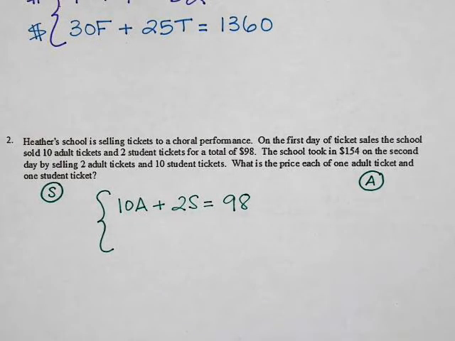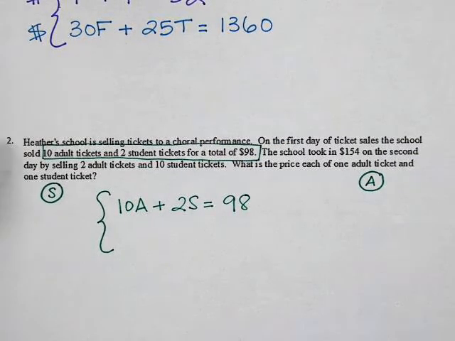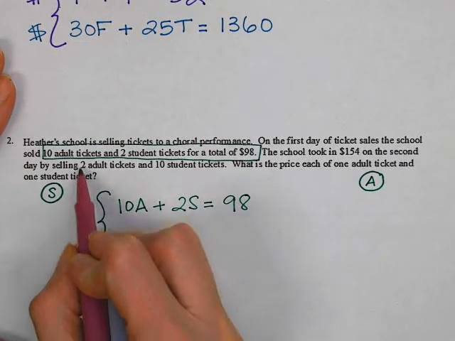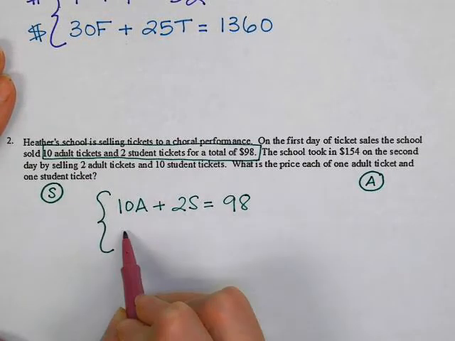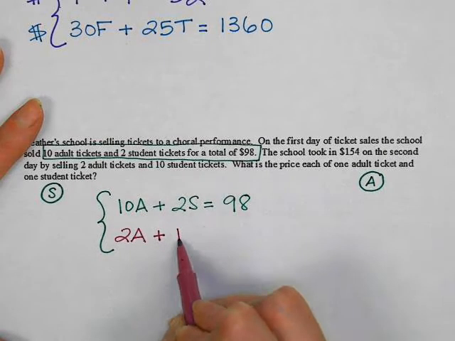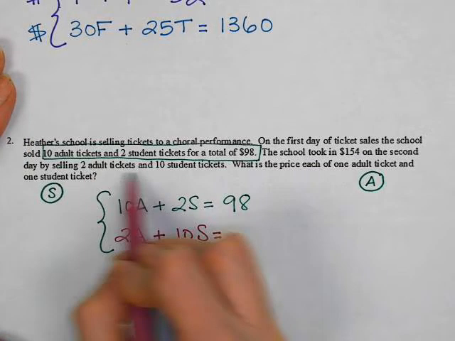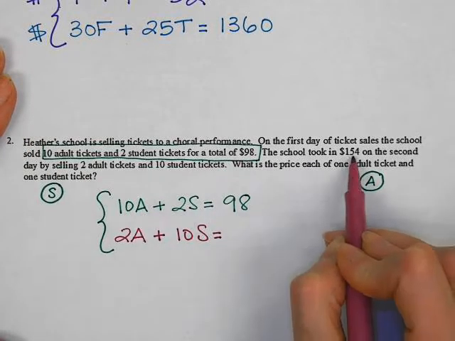This one is you have a day 1 of data, and then you have a day 2 of data, and you write 2 equations. So on day 2, we have 2 adult tickets, so 2A, plus 10 student tickets, 10S, and that's going to equal 154.